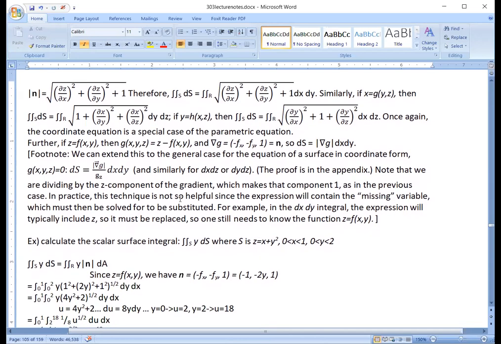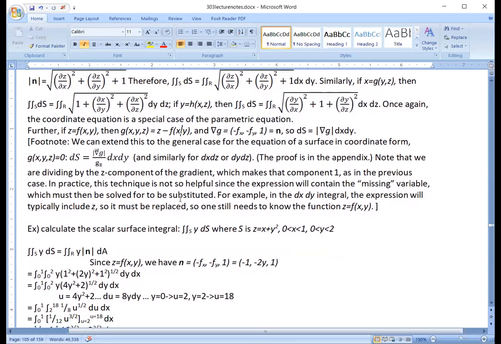Okay. So this is just the same as the integral. The x part stays, and now it's the integral from 2 to 18 of 1/8 u to the 1/2 du. Doing that integral and tracking the constants, you get 1/12 u to the 3/2, and again u goes from 2 to 18.